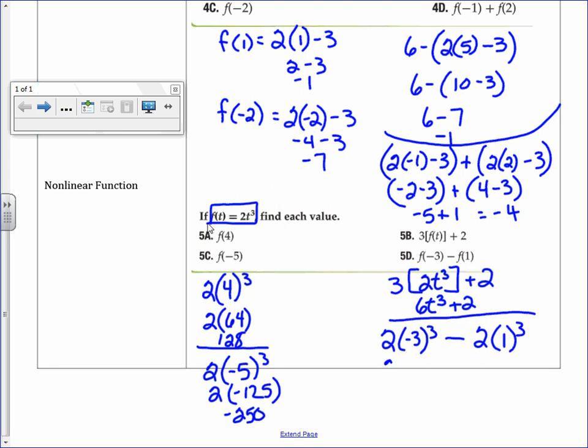So I have 2 times -27 minus 2 times 1, which is just 2. So 2 times -27 is -54 minus 2, and we get -56.